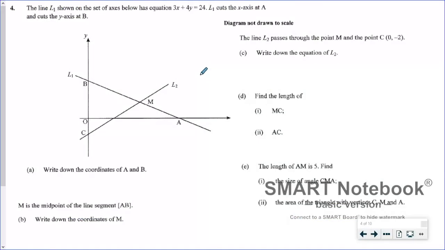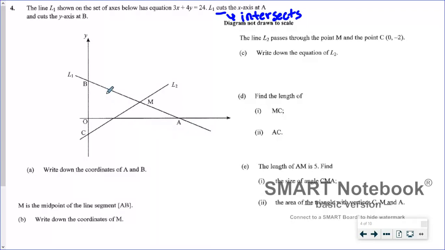L1 cuts the x-axis at A and cuts the y-axis at B. When they say cuts, we just call that intersect. Hopefully that was obvious, but in case it wasn't, we want to point that out. Write down the coordinates of A and B.